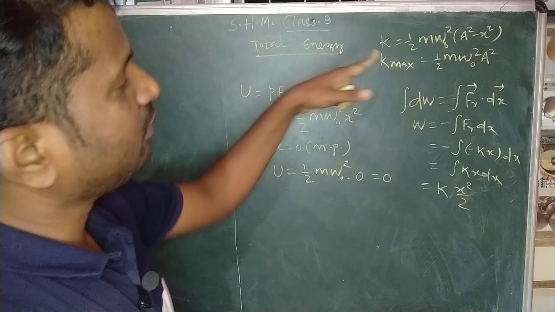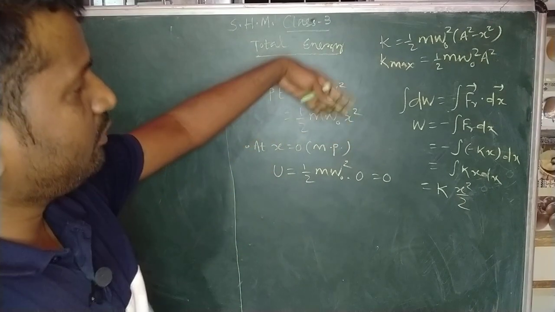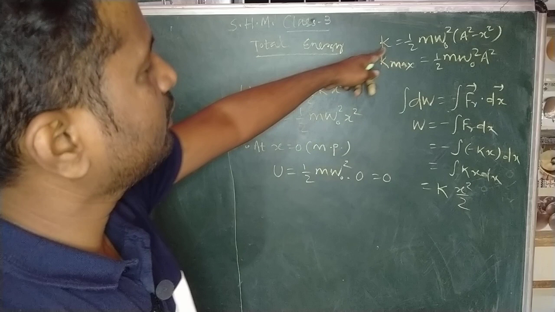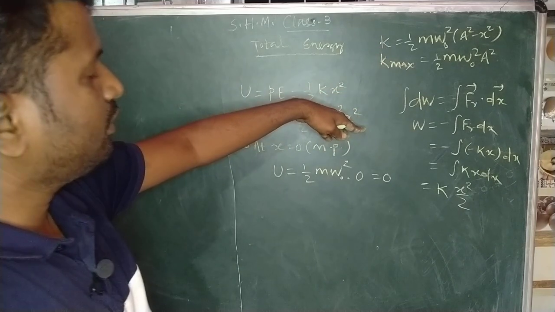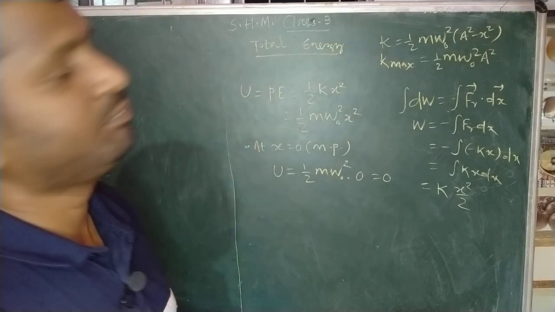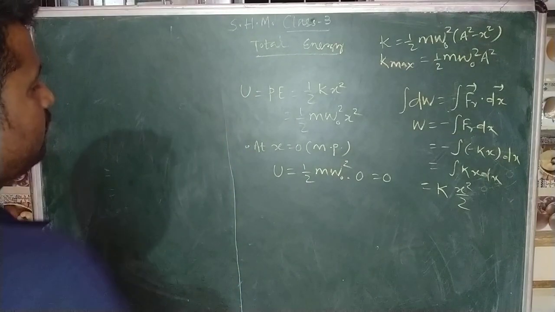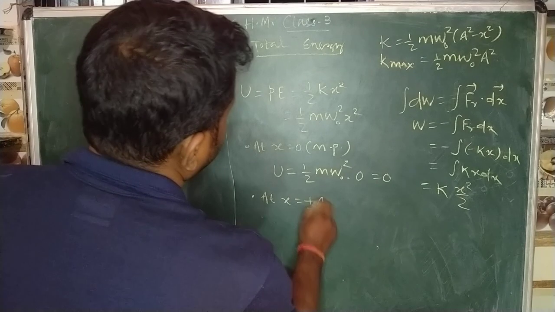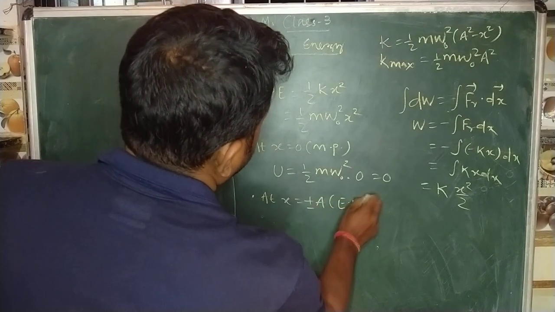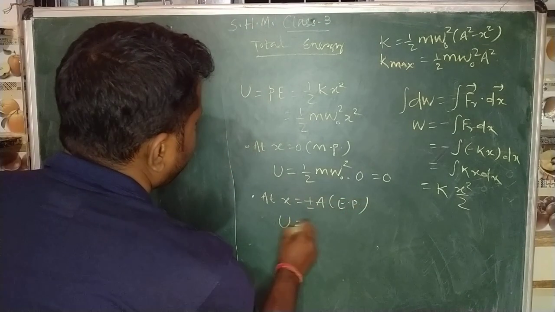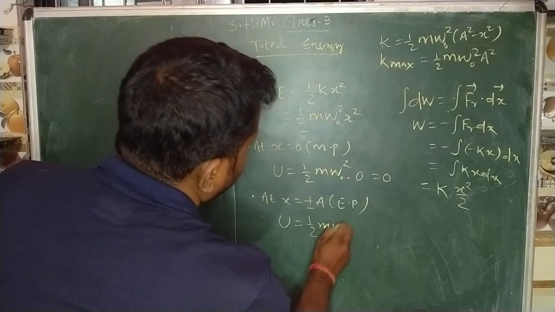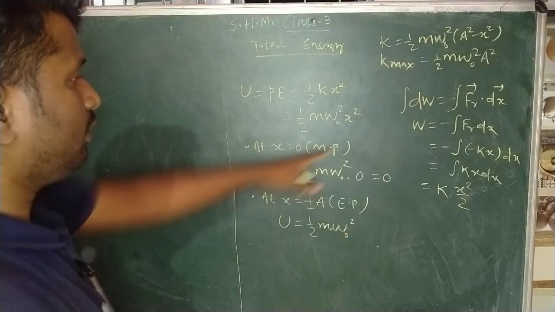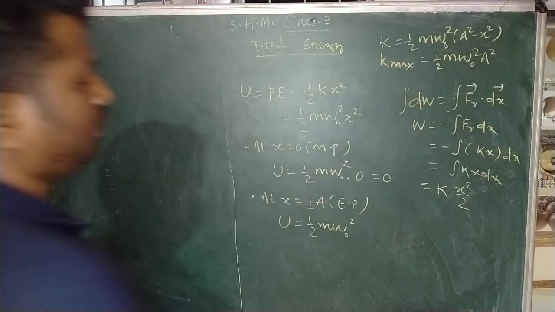But at mean position, we have just analyzed that our kinetic energy is maximum. Potential energy is 0 there. And at x equal to plus or minus a, extreme position, U will be half m omega naught square (plus or minus a) square, that is a square.